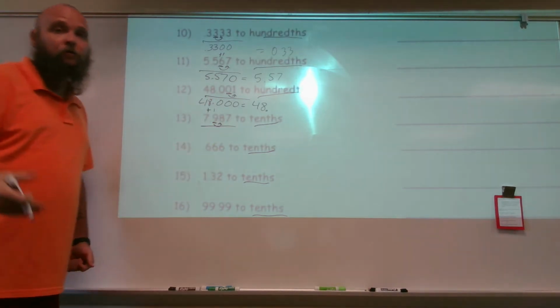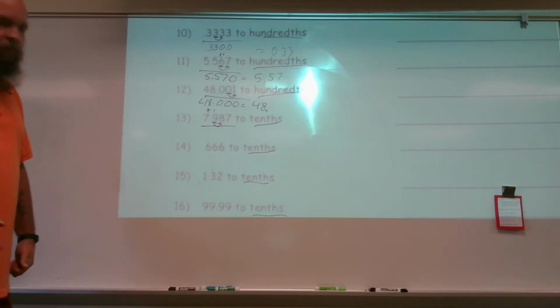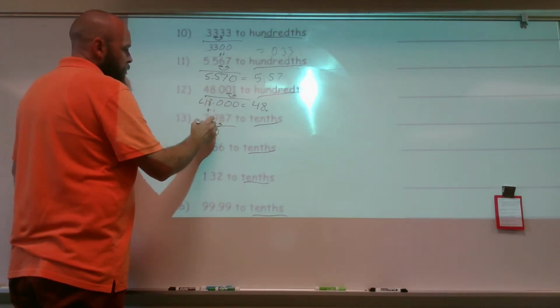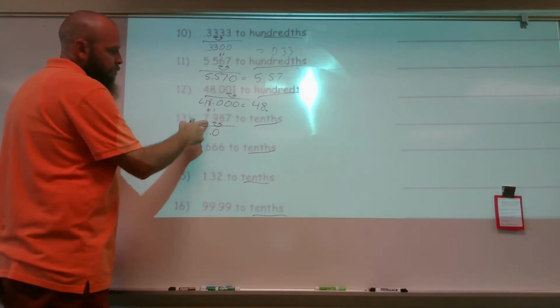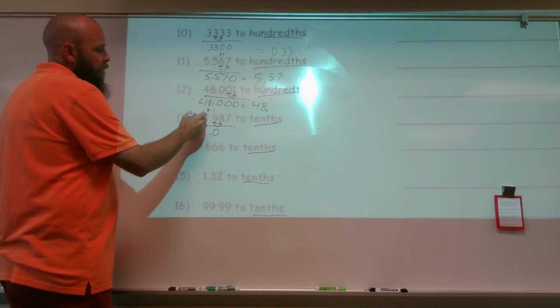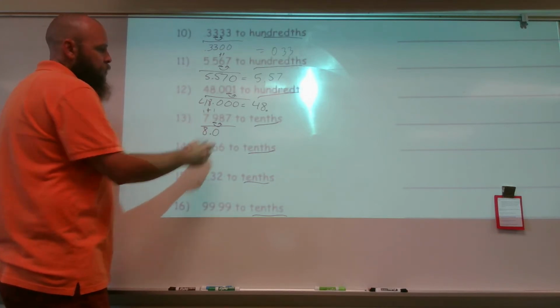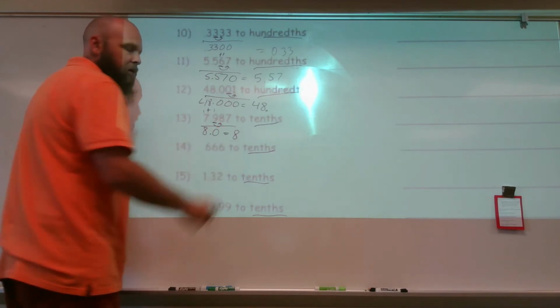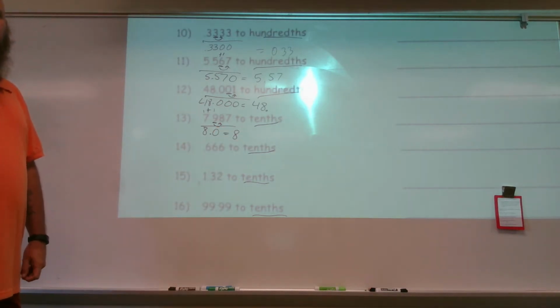We have to actually do the math, or you're going to mess up. 9 plus 1, because I added one more, is 10, so 0. When I'm adding or subtracting decimals, the decimal point comes straight down. And since I carried, I have 8. 8.0, or you'd probably see it written as just 8.